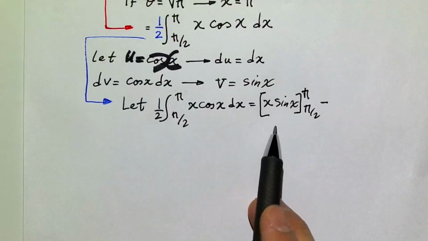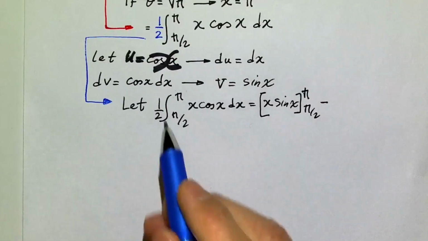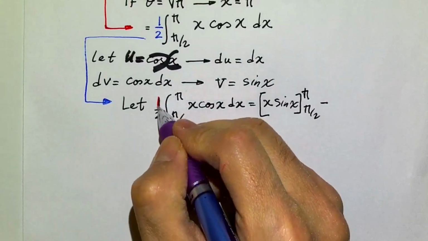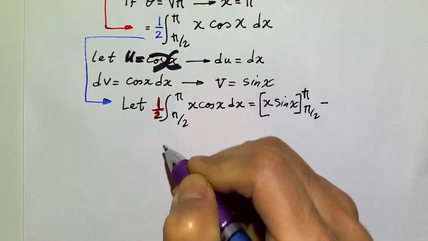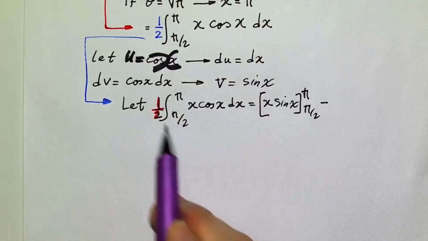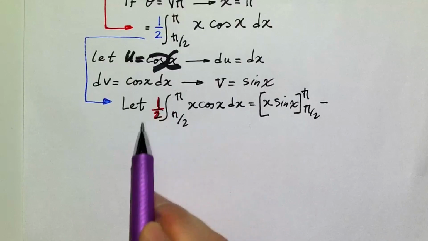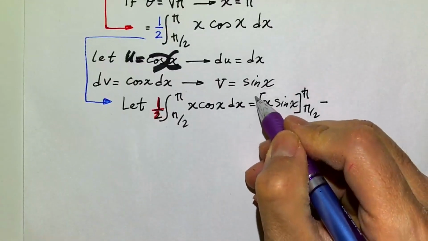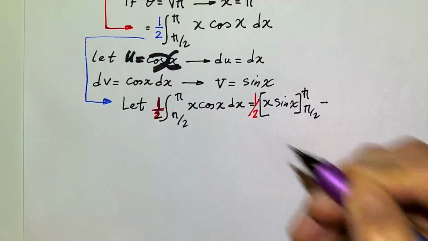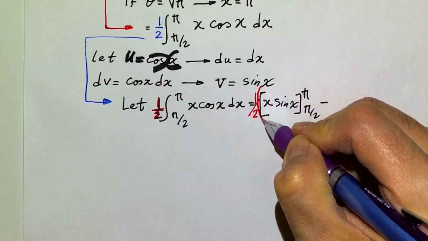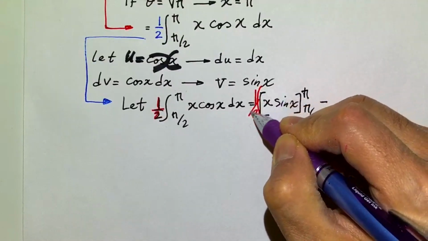When I do this, one thing we should remember, so let me shade this in red. This 1/2, because the integration by parts is going to apply to all of this. So 1/2 times all of that means we have to have a 1/2 in front of all of this. And I will put a red parenthesis here, like that.